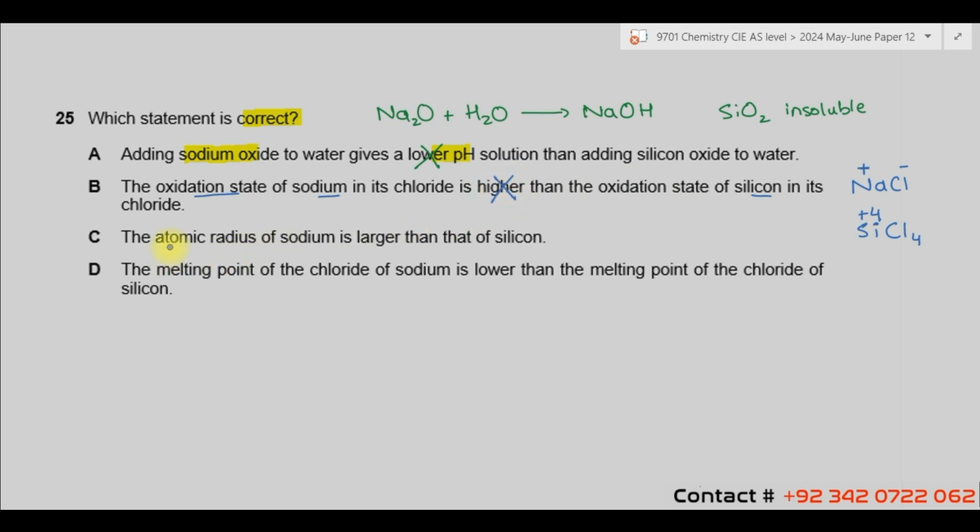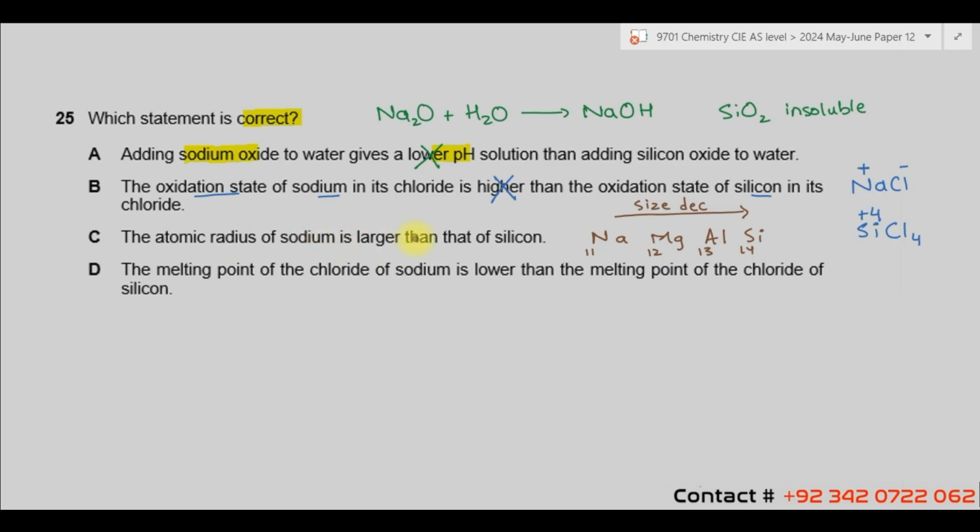Third part, the atomic radius of sodium is larger than that of silicon. So let's see. If we look in period 3, we have sodium, magnesium, aluminum, and silicon in series. The atomic number increases from 11 to 14. Number of shells remains the same. Shielding effect is the same. So what happens? The nuclear attraction increases, so size decreases.